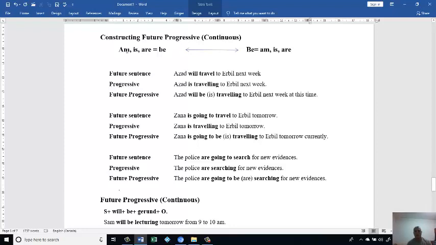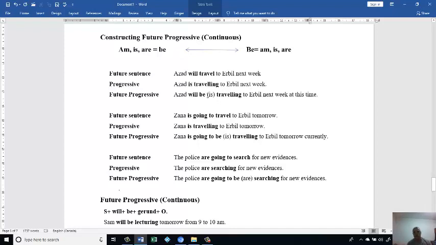If you remember, we said am or is equals be, then we switch, sometimes vice versa. For example, take this future simple sentence: Azad will travel to Erbil next week. Present progressive: Azad is traveling to Erbil next week.